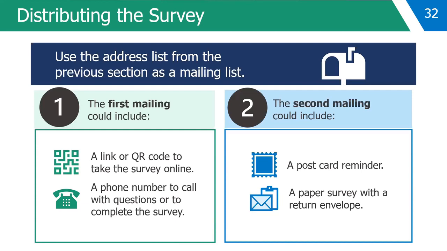And so that makes it a little bit harder to verify that you're getting the right resident and that they actually live at that address. But you can ask them to confirm their address and if it's in the service area. And then after you do this mailing, you may not achieve the sampling rate that you desire. So the next step would probably be to go for an in-person door-to-door survey.